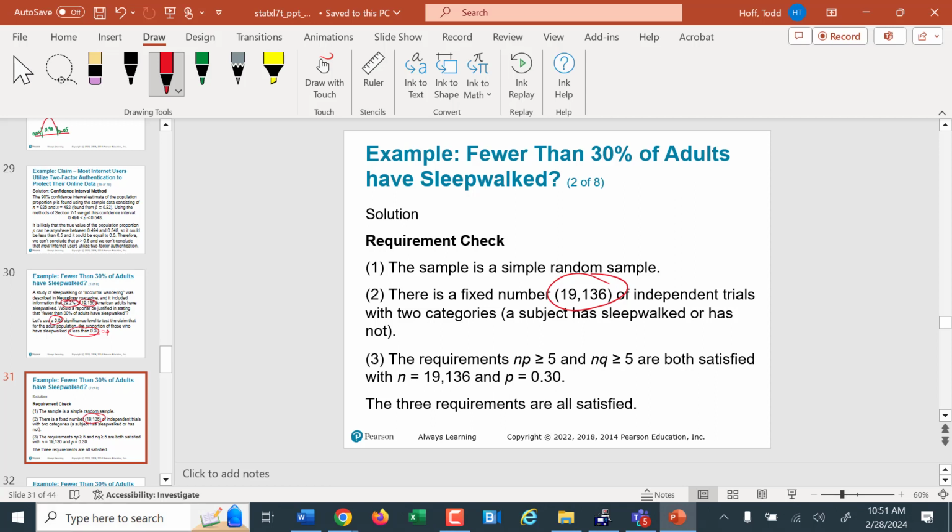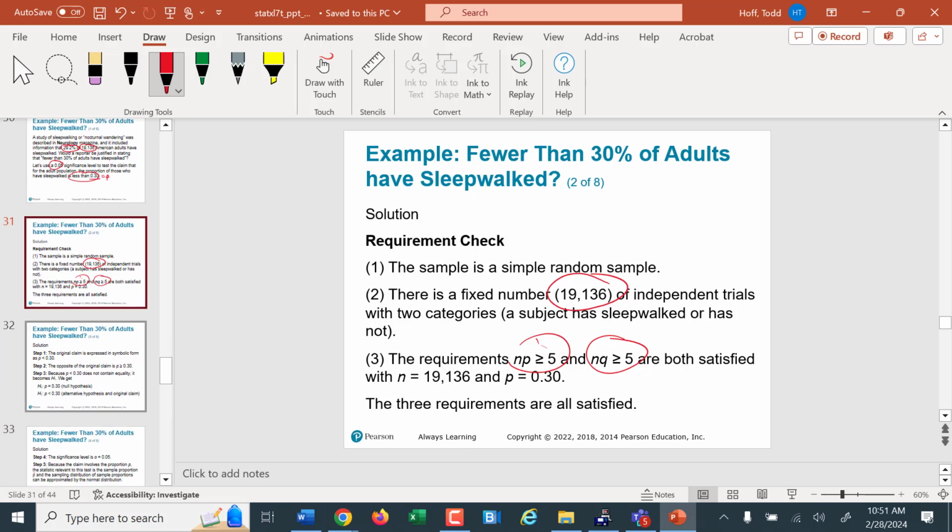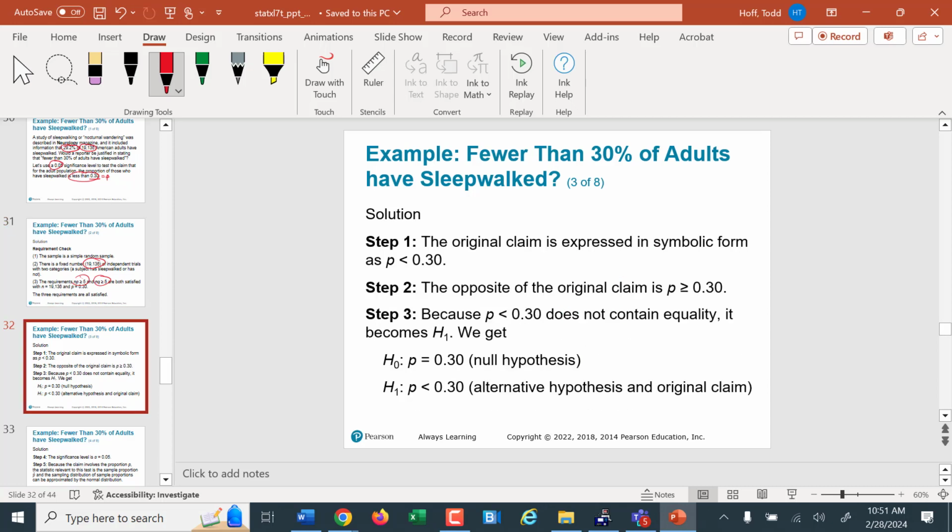This is a fixed number of trials. I'm pretty sure that gives us at least 5 successes and 5 failures with a 19,000 sample size. 0.3 actually gives us close to 6,000 expected successes. So we're safe there. Our original claim in symbolic form, less than 30%, is p is less than 0.3.